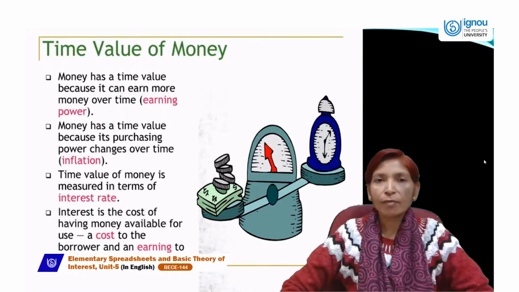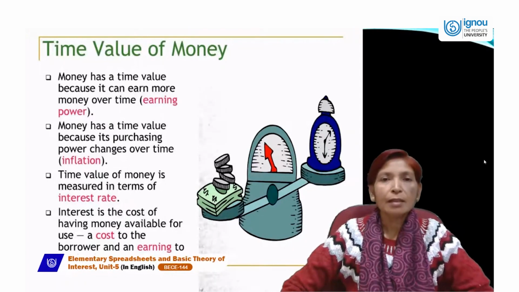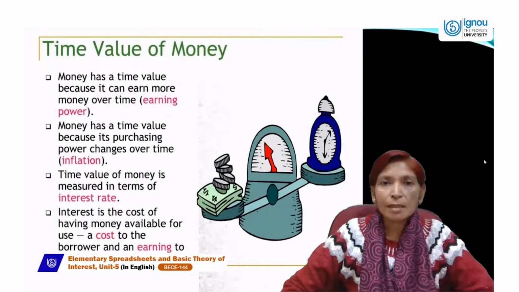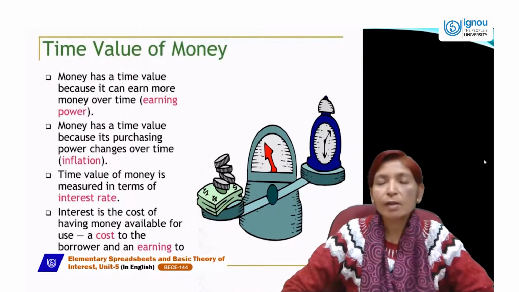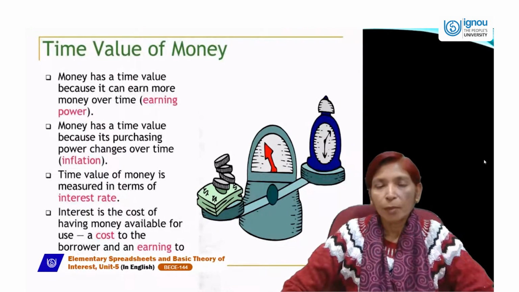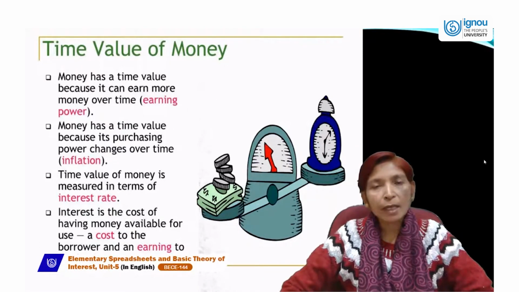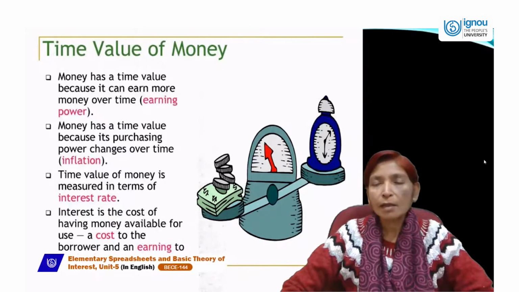And in case of deflation, when the price level falls, the value of money will rise. But deflation is not a good situation because in case of deflation, economic activities can't run smoothly.